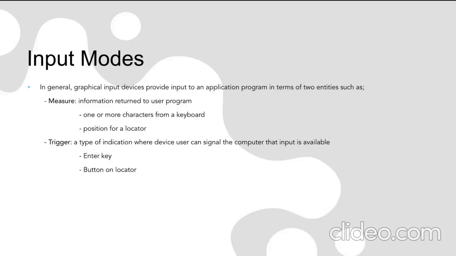And the trigger indicates that the device is available, for example, the user has pressed enter on the keyboard, or the user is using a mouse and clicks on it. So the trigger indicates that the device is ready and available.